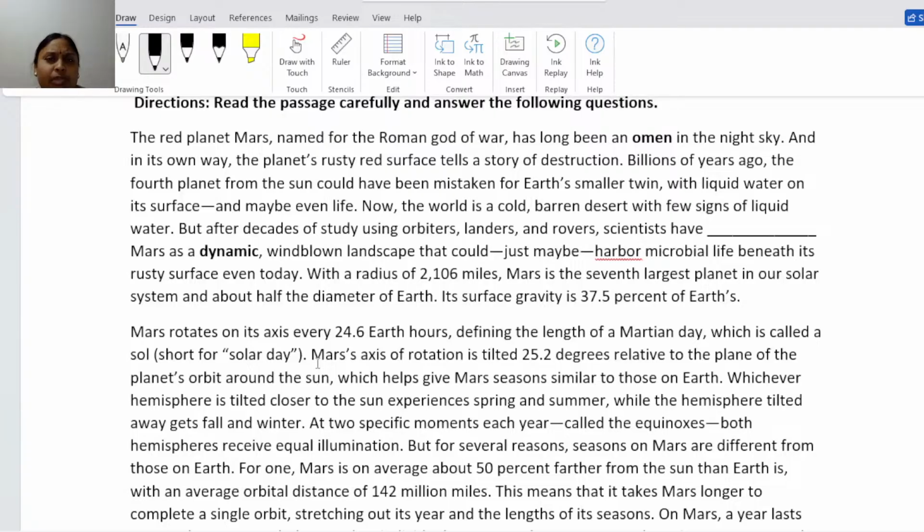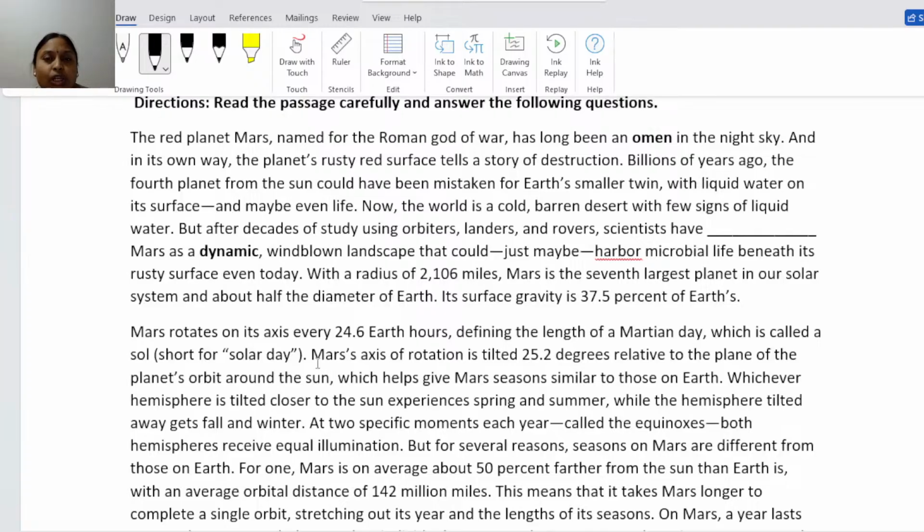The red planet Mars, named for the Roman god of war, has long been an omen in the night sky, and in its own way, the planet's rusty red surface tells a story of destruction. Billions of years ago, the fourth planet from the Sun could have been mistaken for Earth's smaller twin, with liquid water on its surface and maybe even life.